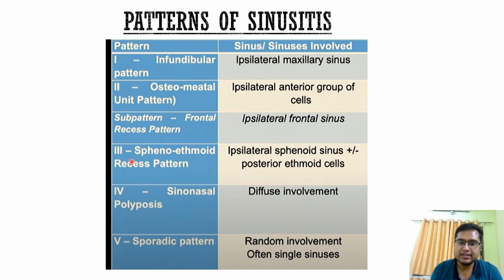The sphenoethmoidal recess pattern, which involves the ipsilateral sphenoid sinus and the posterior ethmoidal sinus. Sinonasal polyposis, where there is a diffuse involvement, and the sporadic pattern, which is quite common. There is a random involvement of a single sinus or multiple sinuses.